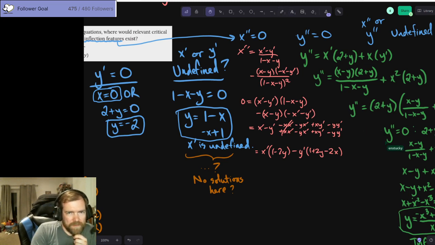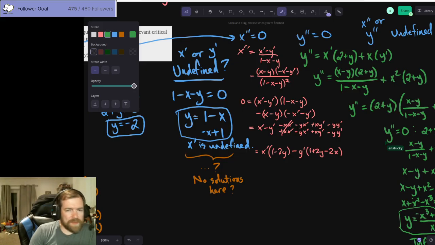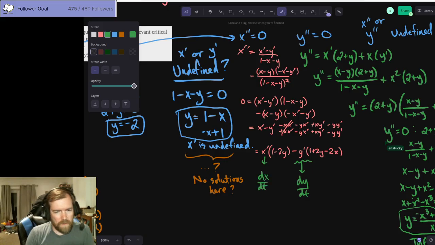Interestingly, there is at least the possibility, as gross as it might be, if you turn this into dy dt and this into dx dt, you could end up with a term that is dy dx.